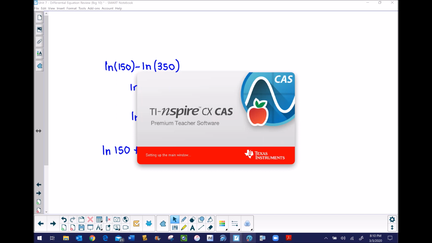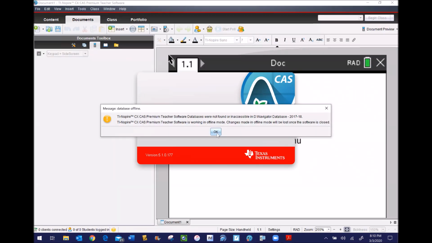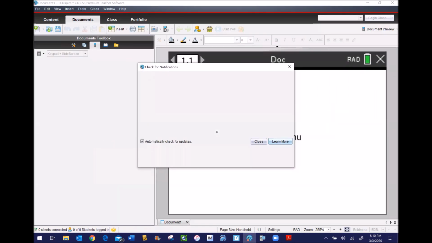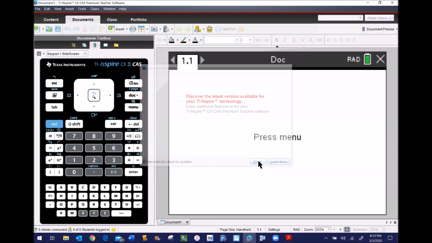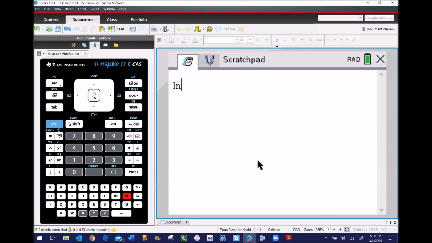Not that it's meant to be a proof, but if you guys see some calculator reassurance, you at least know it's a thing. So if we take a look at the ln of 150 minus the ln of 350 on the calculator, hopefully this will simplify it the way that we were thinking.